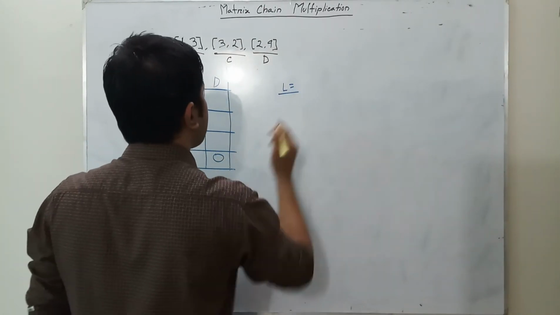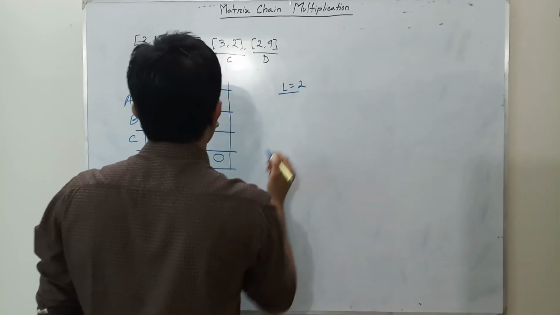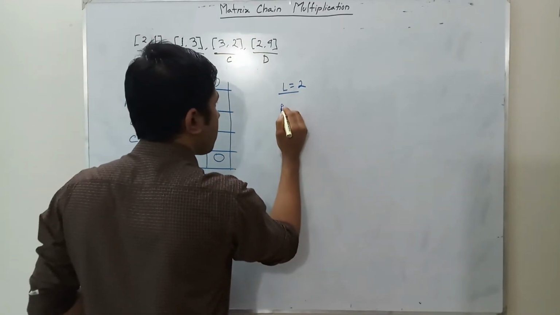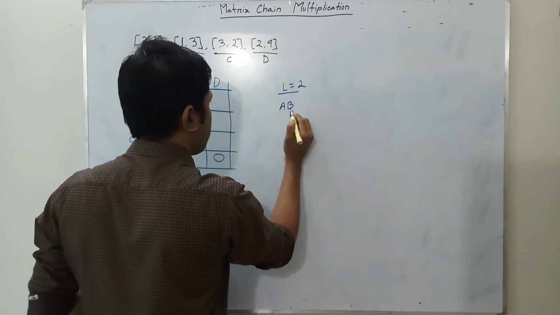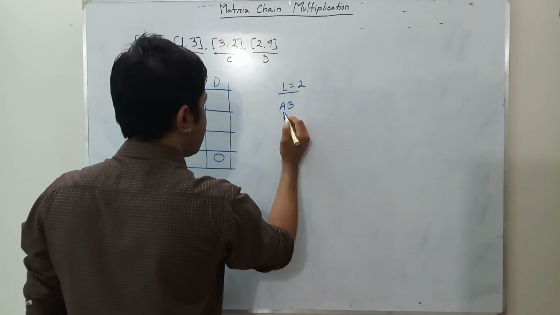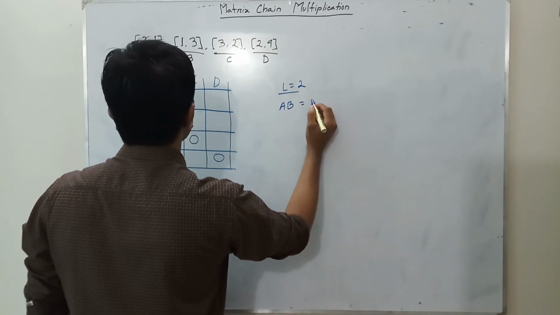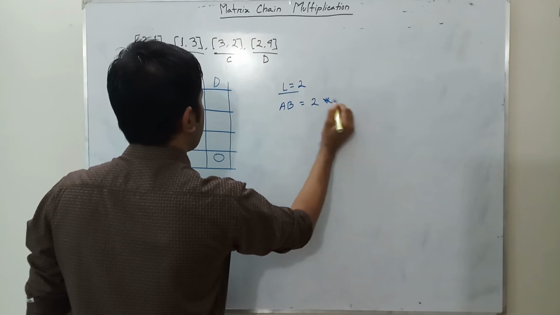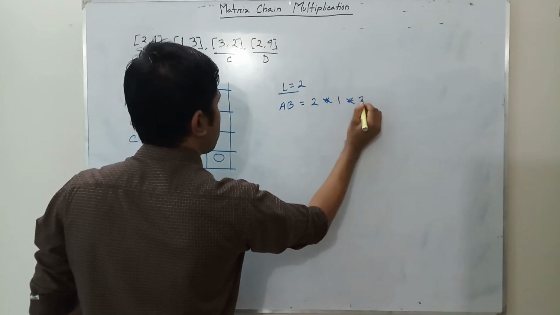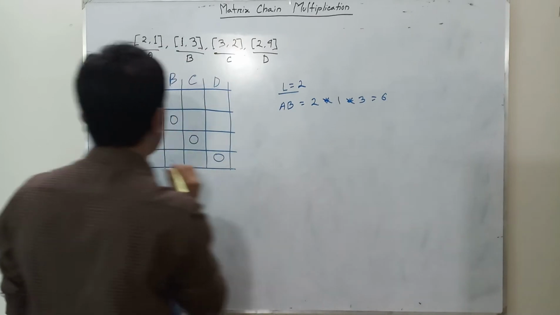When the chain length is 2, then to multiply A with B, we need 2 into 1 into 3 equals 6 operations.